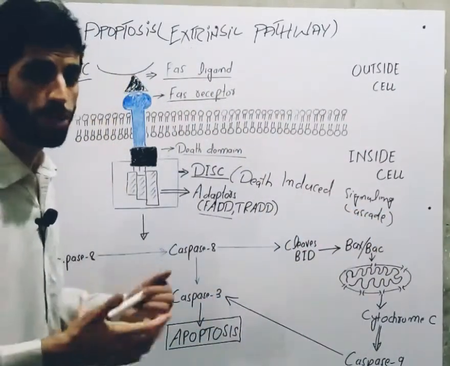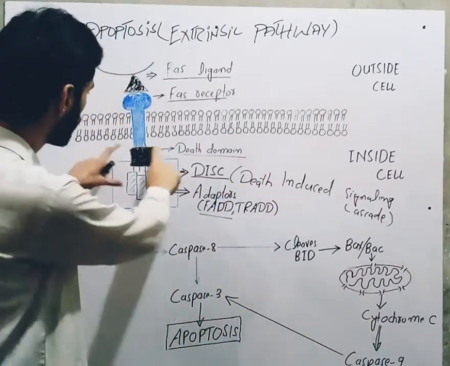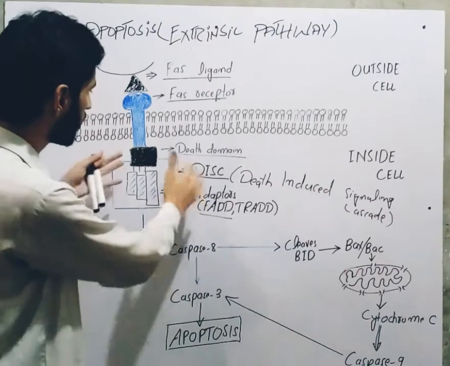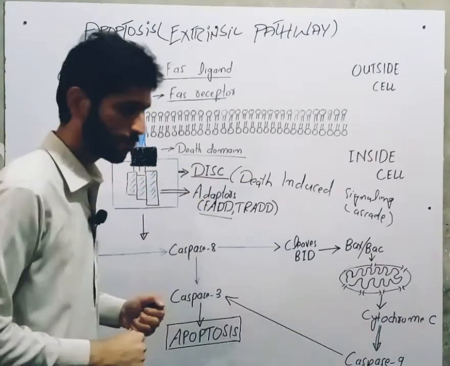Because it induces death, that's why it is called the death-inducing signaling complex. All these adapters and this death domain are combinedly called DISC.